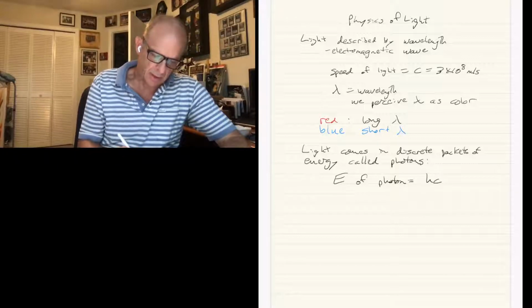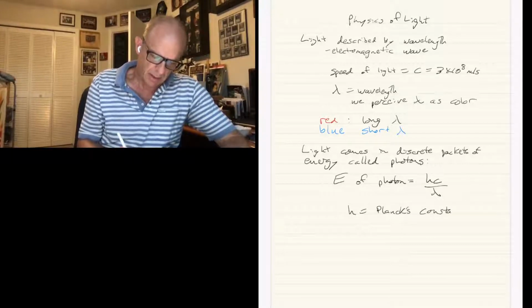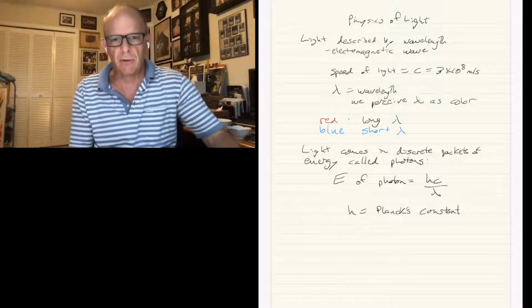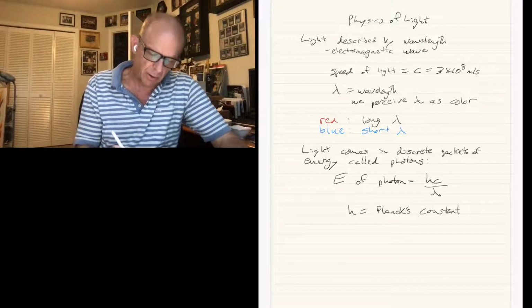It's hc divided by lambda, where h is another numerical constant called Planck's constant. C, the speed of light, is a very large number. Planck's constant is a very small number.